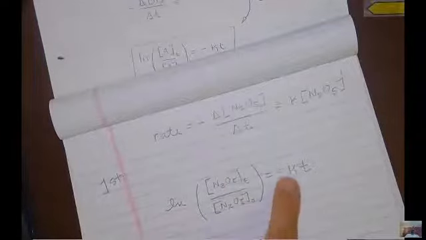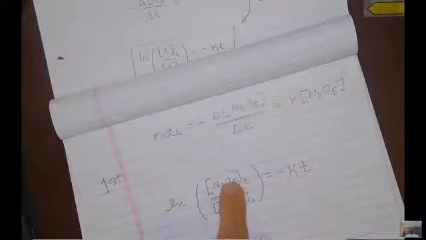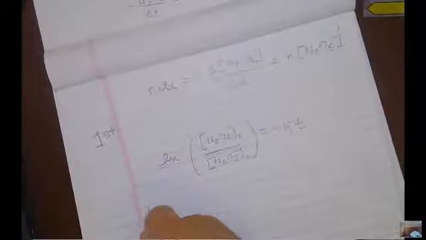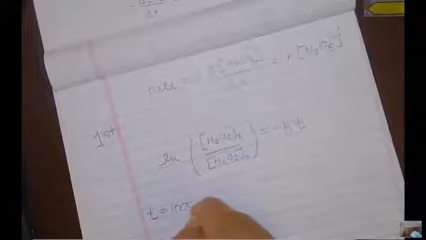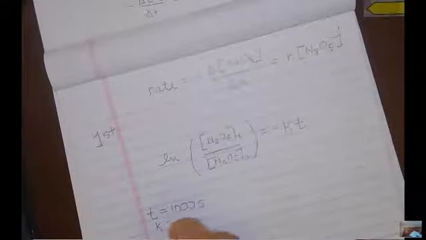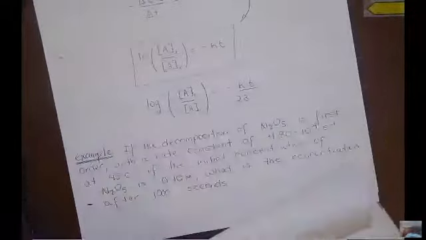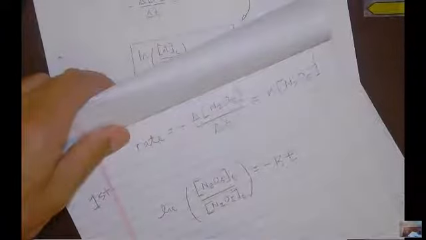So I've got this and this. All I need to do is solve for the last piece of it. Let me go ahead and plug everything in. My time was equal to 1,000 seconds. My k, going back to the last page, was 4.8 times 10 to the minus fourth seconds to the minus 1.